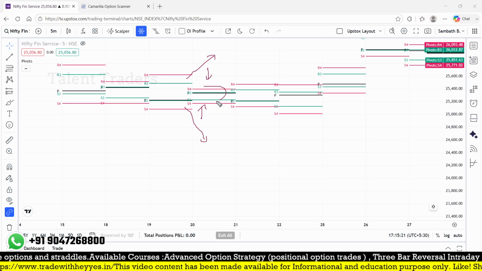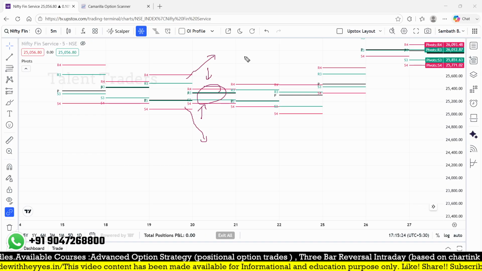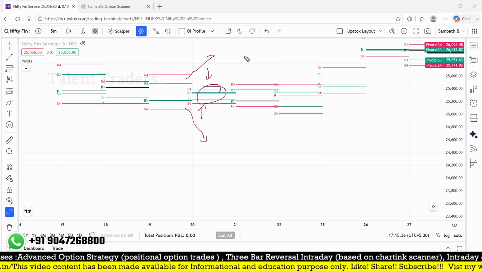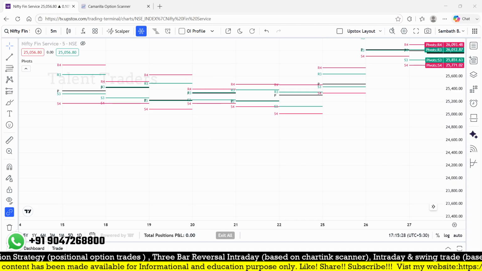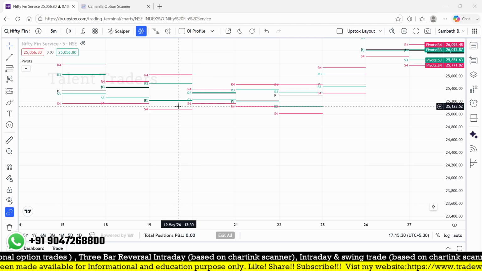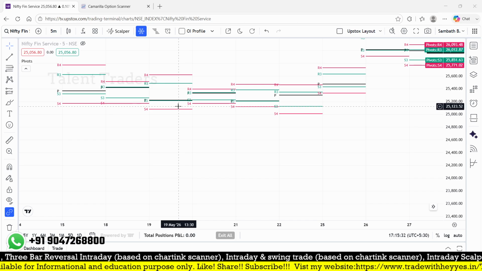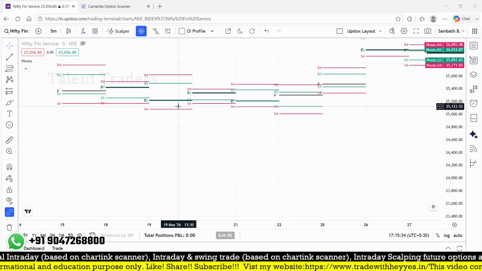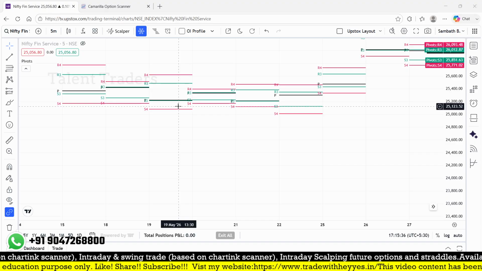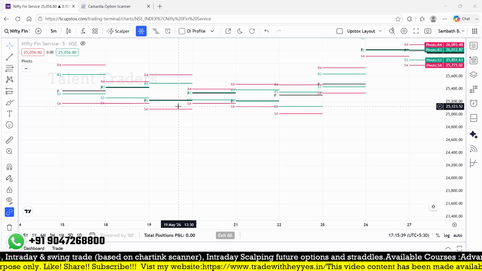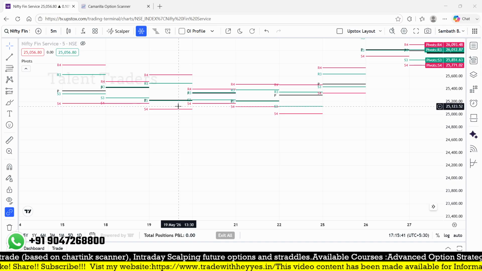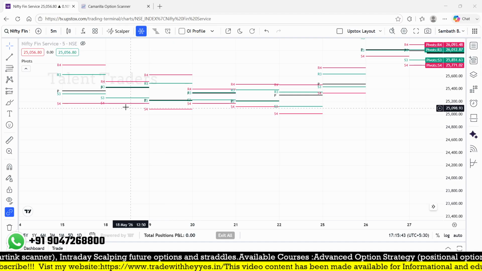After the narrowing, we can expect a breakout. Such things we can easily identify with the scanner, because we have charting, and we created a lot of scanners in charting, but charting doesn't provide you the direct option data. It gives only equity, and then we have to convert into futures or options.